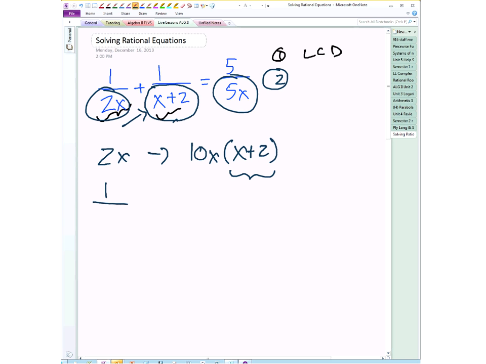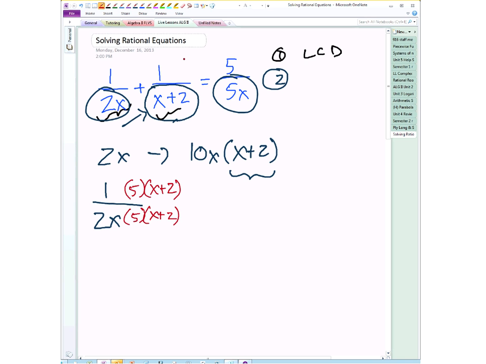So let's write down that first part, 1 over 2x. I'm going to multiply it top and bottom by 5 and by x plus 2. Remember, we can only multiply by 1, so whatever I multiply the bottom by, I have to multiply the top by.